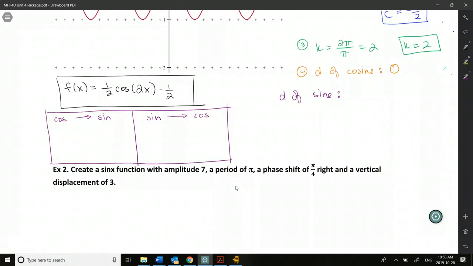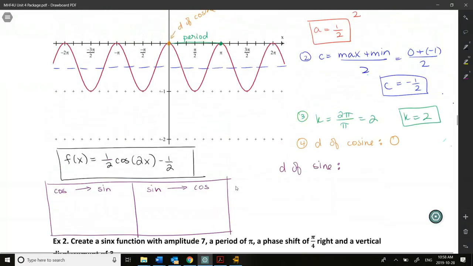If I want to switch from cosine to a sine function, like what I want to do now, the sine shift, if we look at our graph here, the sine shift is further left than the maximum. Okay, this is always the case because the rising midline, of course, rises up into a maximum. So the rising midline is always going to be further left than the location of the maximum.